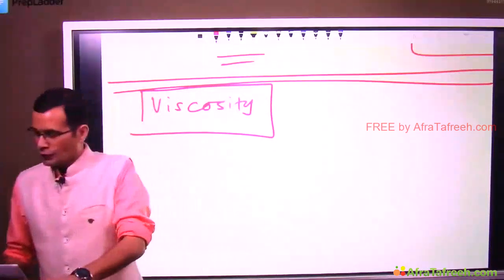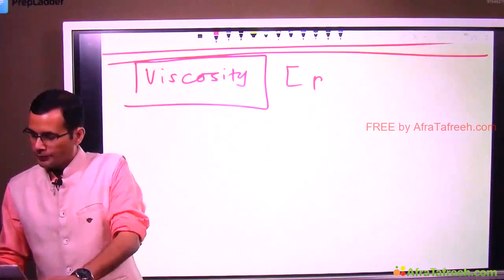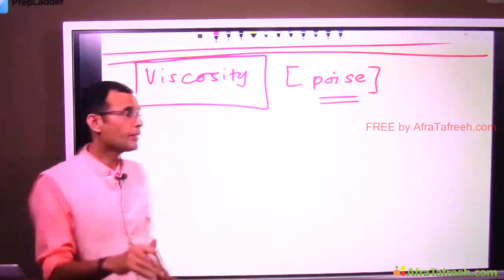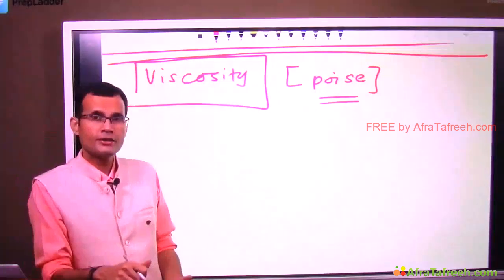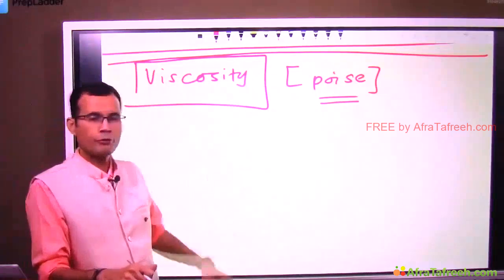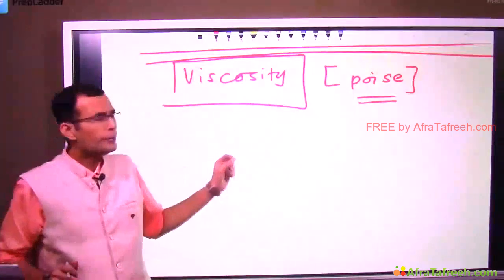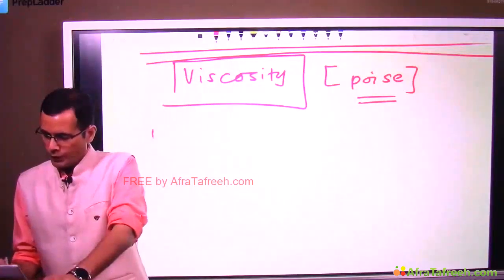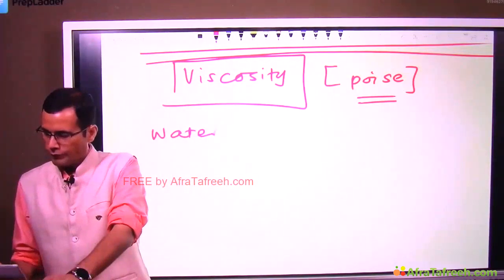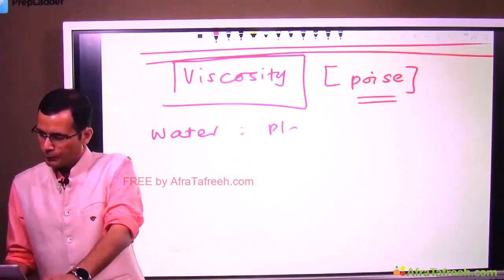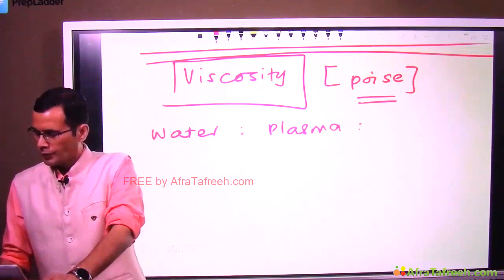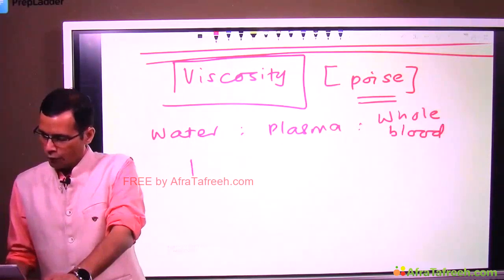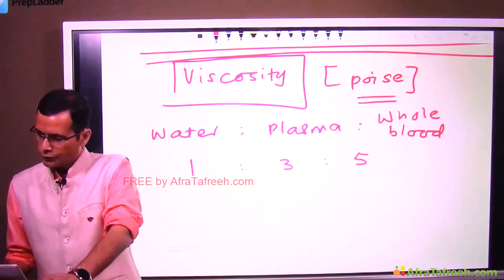Viscosity, when it is measured in absolute terms, has poise and centipoise as the units. Otherwise, in relative terms, the viscosities of water to plasma to whole blood are 1:3:5.